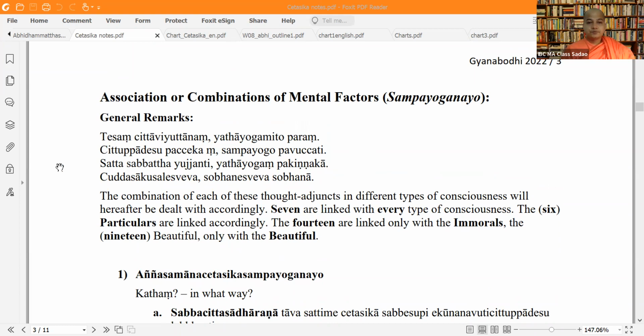Sampayoga 9. Let's look at this general remark here. Let's read it together.